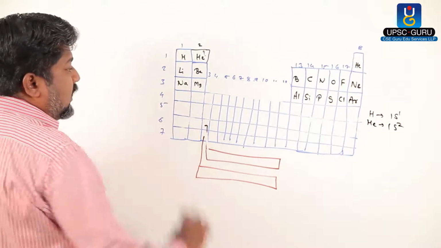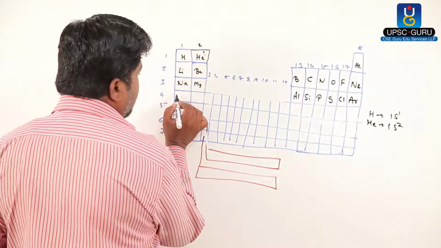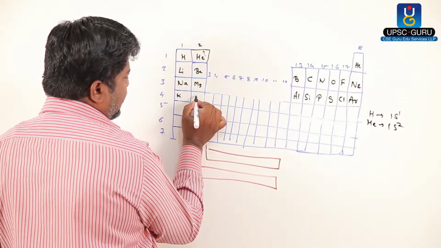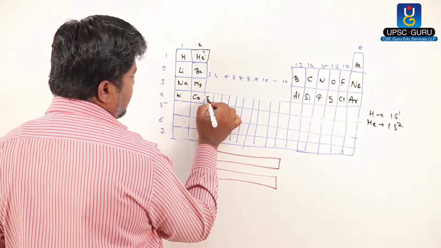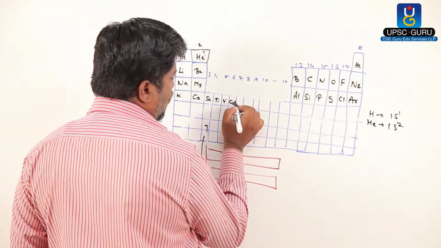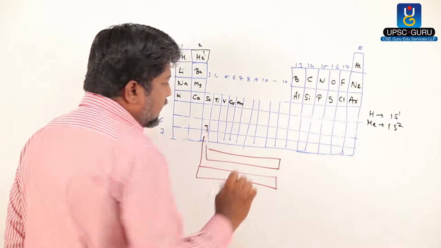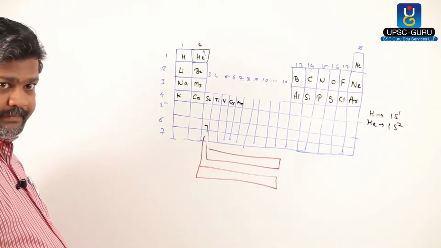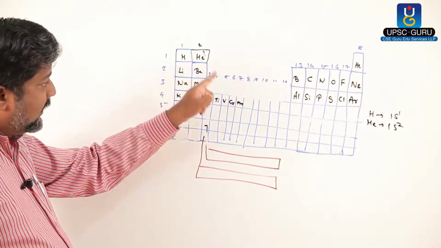Now the fourth period has 18 elements. Let us check: argon, then potassium, calcium, scandium, titanium, vanadium, chromium, manganese. Many people are confused between magnesium and manganese, beryllium and barium, like that.